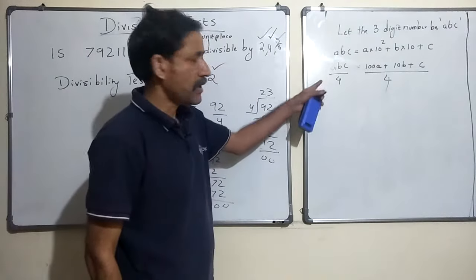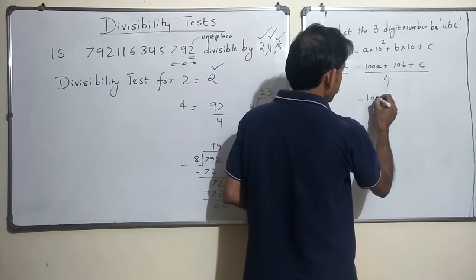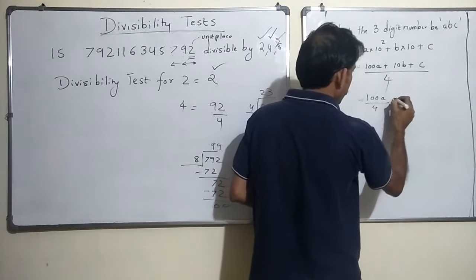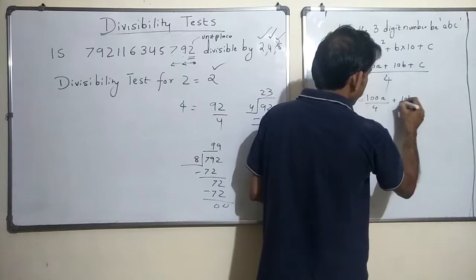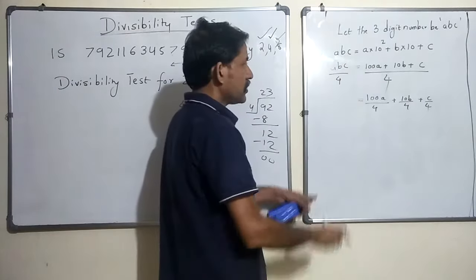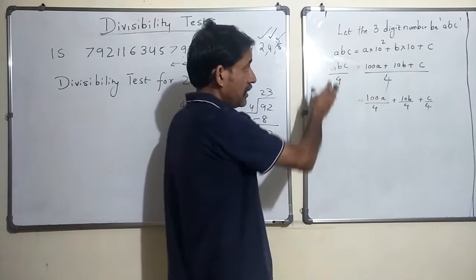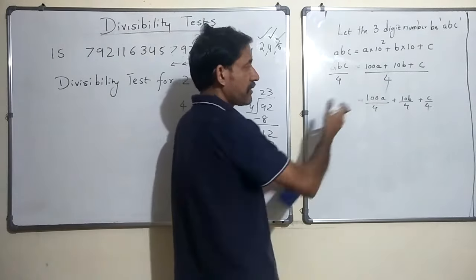So far it should be clear. Now when I do this, it becomes 100A by 4 plus 10B by 4 plus C by 4. The left hand side will be completely divisible if the right hand side is divisible.